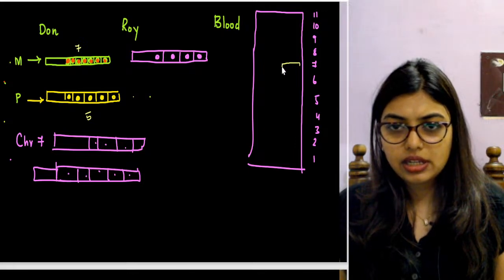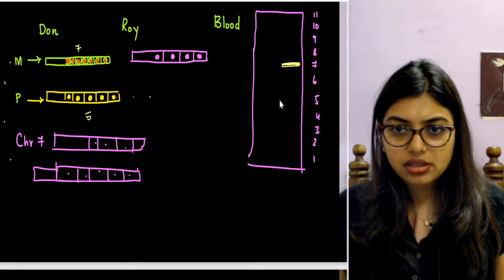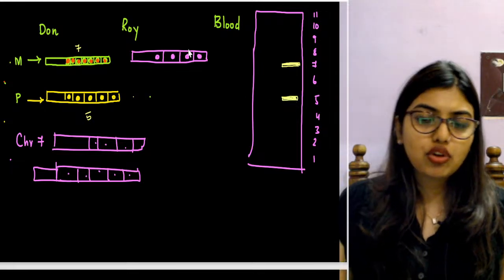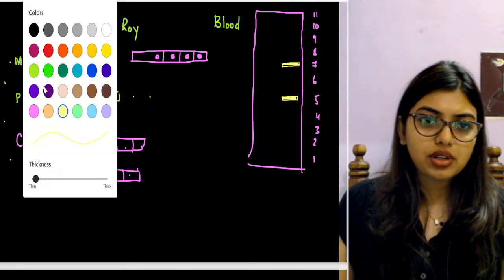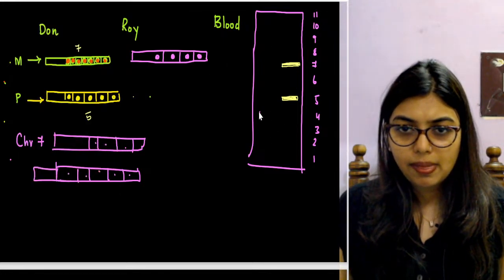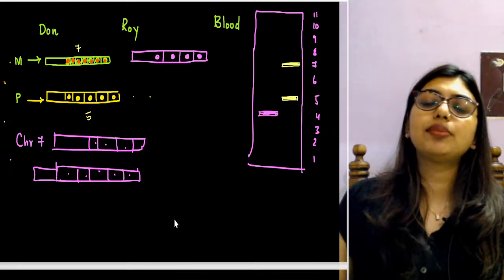Dawn's DNA fragment is going to be somewhere here, maternal, and paternal is going to be somewhere here. So this is how you will identify. Now Roy's is 4. So where is it going to be? It's going to be here. Understood? Like this, you will be able to identify this.